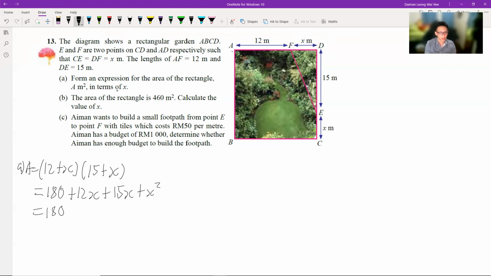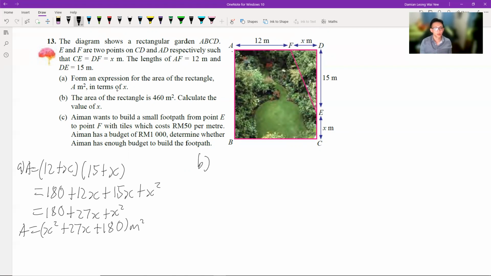Then I get 180 plus 27x plus x squared. Usually I put x squared in front, so x squared plus 27x plus 180. That is your expression for the area, in meters squared.